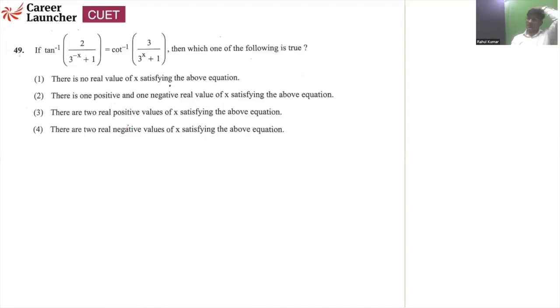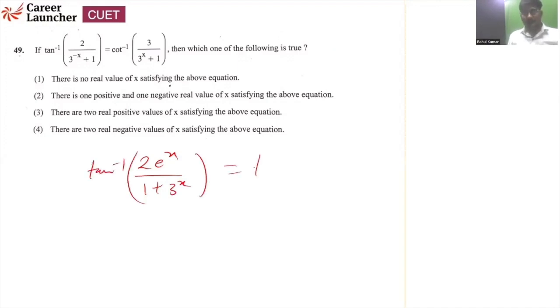Now the next question is a little bit difficult. What we have to do is equate this thing. We know that tan inverse of this can be written as 2 e to the power x divided by 1 plus 3 to the power x, tan inverse, and it can be written as 1 plus 3 to the power x divided by 3.